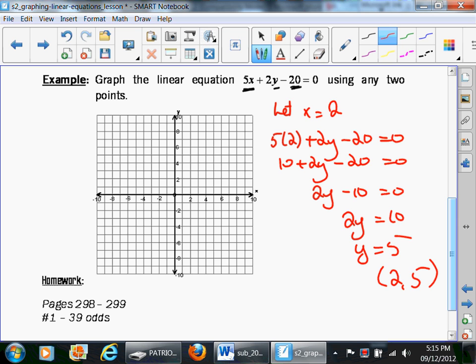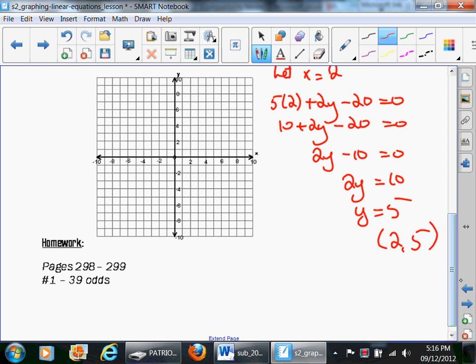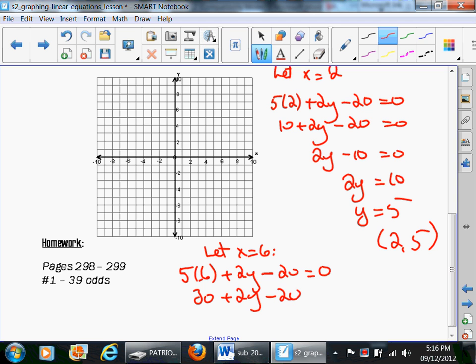That's 1 point. Now it says we have to use 2, so we get to do that once more. Now I picked x equals 2 for the first point. Maybe I'll try x equals 6 for the second point. So let x equal 6. 5 times 6 plus 2y minus 20 equals 0. 30 plus 2y minus 20 equals 0.